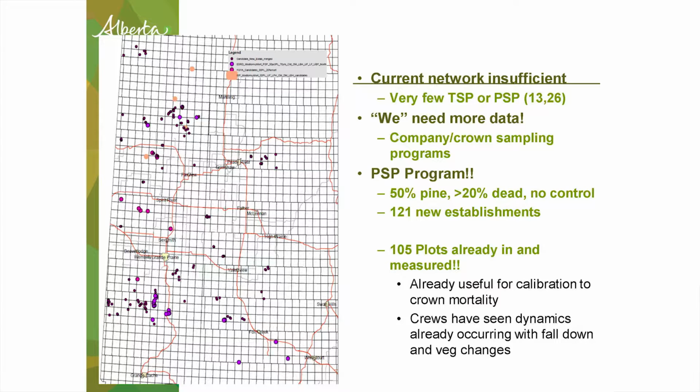As far as the new PSP network that went in, I think a lot of you are aware of that. But we had very few PSPs or ISPs that actually had a lot of pine in them and were heavily killed. And statistically, you couldn't decipher anything from such a limited network.